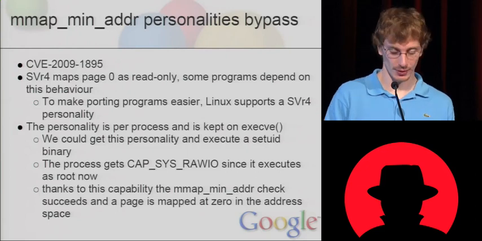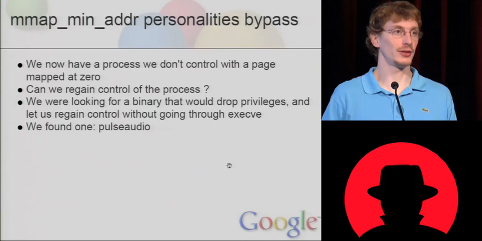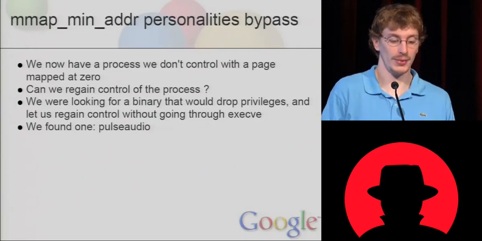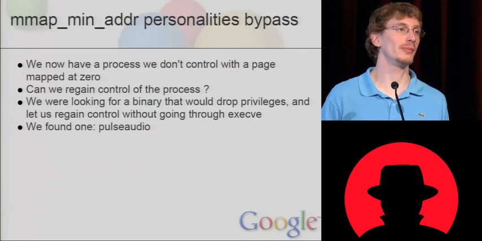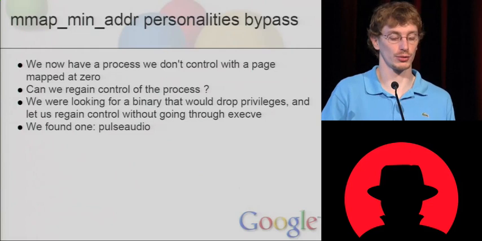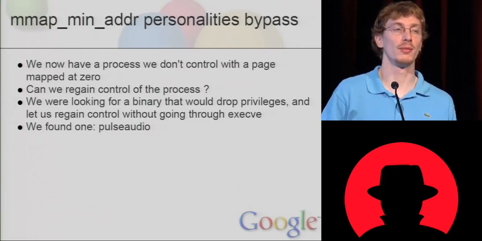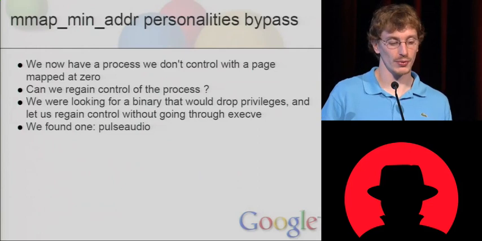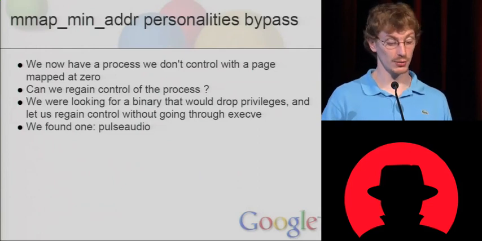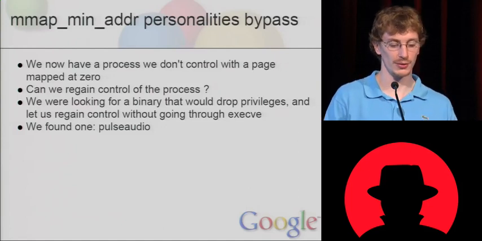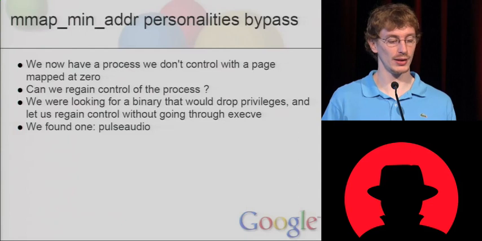But of course, there's not much we can do. It's a root process we don't control, which has a page mapped at 0. So you could imagine that if this root process has a vulnerability like a null pointer dereference, maybe you could exploit it. But we were trying to actually regain control of this process, and so we started to look for a binary that would drop privileges and let us regain control without going through execve.